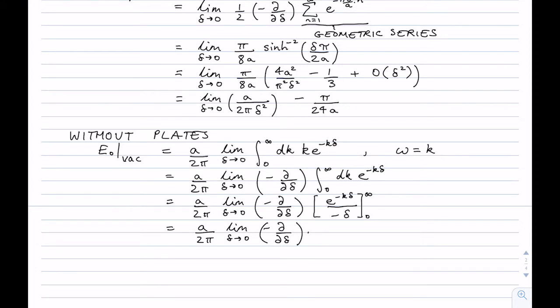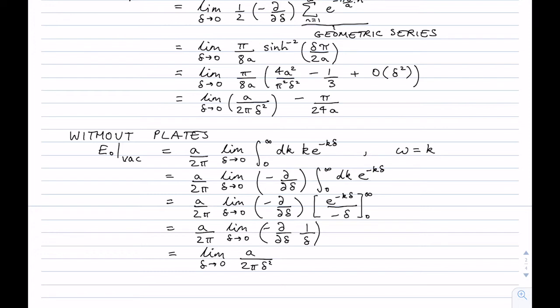It's minus 1 over minus delta, so that's the derivative of 1 over delta, and that means it's the limit as delta tends towards 0 of a over 2 pi delta squared, because the derivative of 1 on delta is 1 on delta squared with the minus sign, which gets cancelled out by the other minus sign.